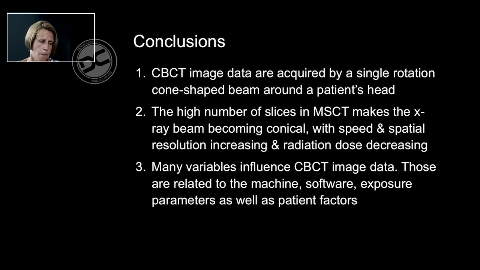And last, there are many variables influencing CBCT image data, and those variables are related to the machine, to the software, to the exposure parameters, as well as to individual patient factors. I thank you for your attention.